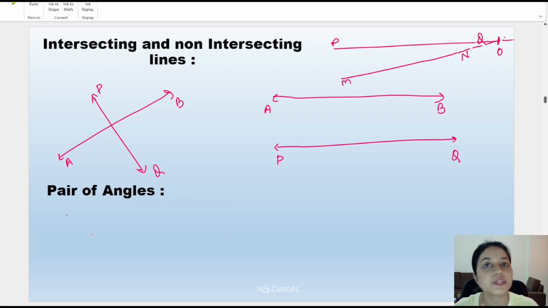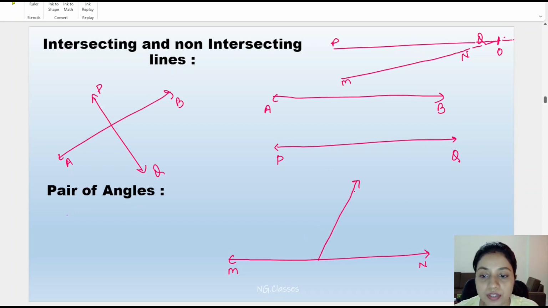All right, let's move to the next concept. The next concept is pair of angles. We have gone through the concepts of complementary angle, supplementary angle, linear pair of angles, adjacent angle. So suppose we have one straight line like this. Let's say it's MN. And on this straight line MN, we have a ray, let's say a ray OT. Here, how many angles are we getting? The first angle is angle MOT, right?